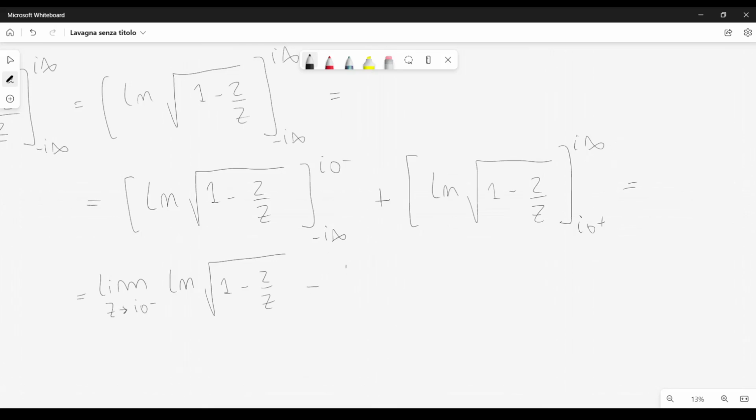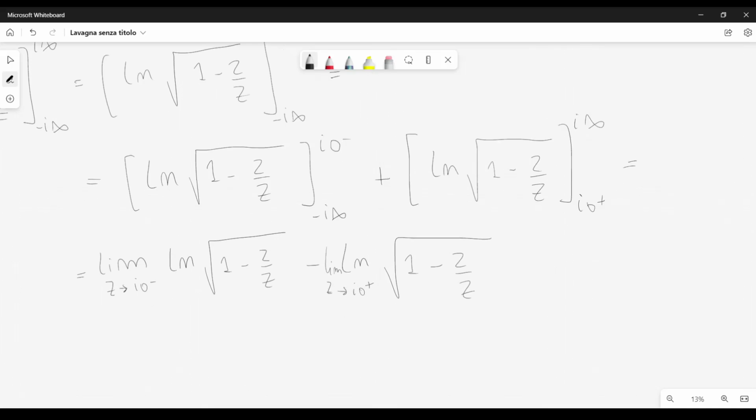So I have minus log square root of 1 minus 2 over z, and I have to take the limit here as z goes to I0 plus.